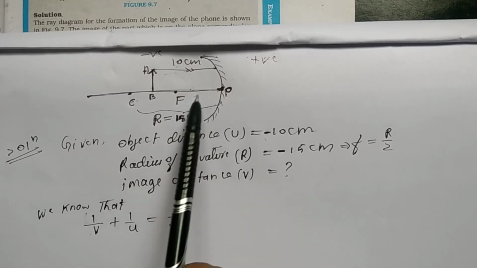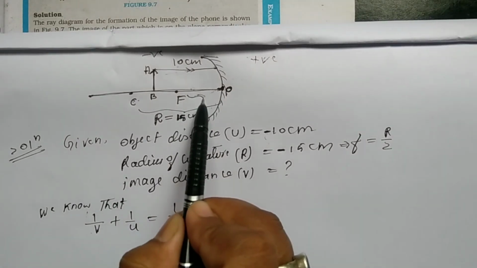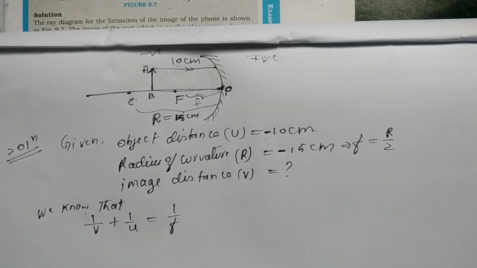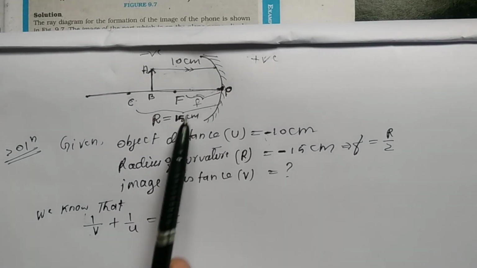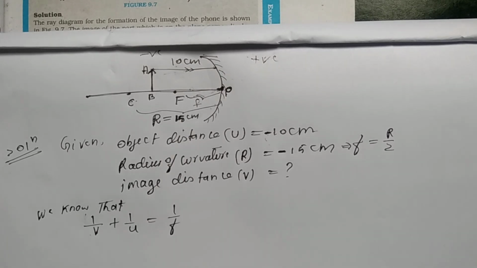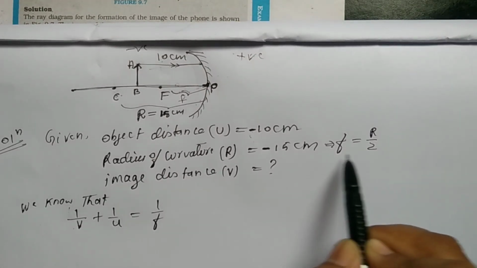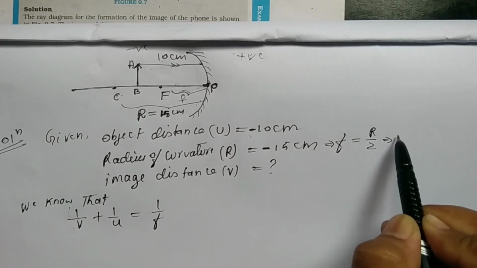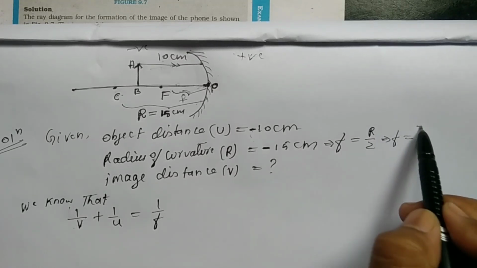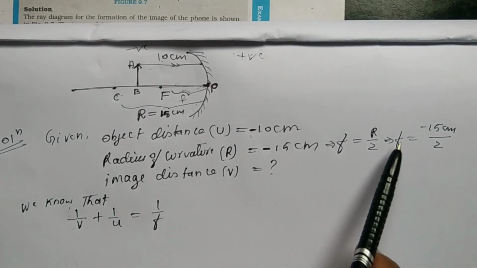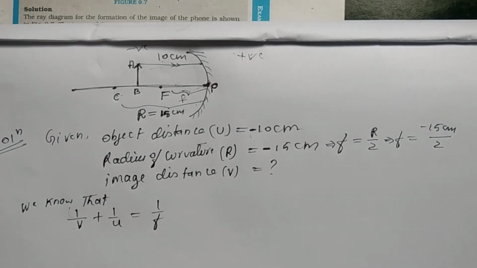So f equal to r by 2, which is minus 15 centimeter by 2. Now we got the value of f.